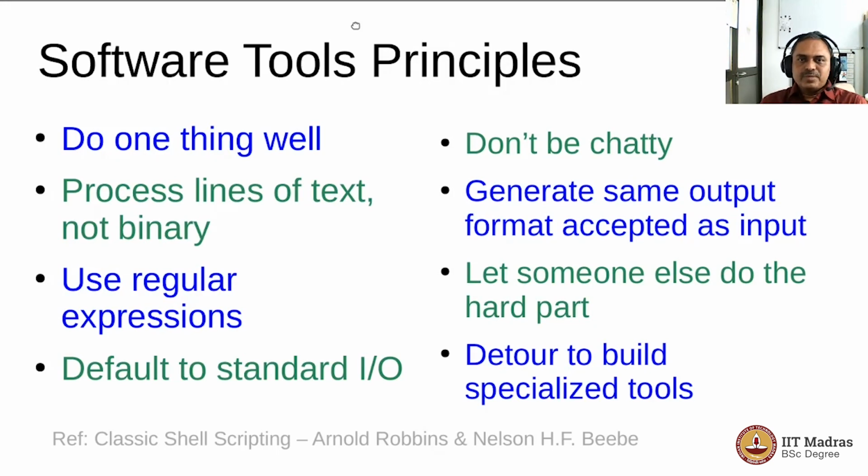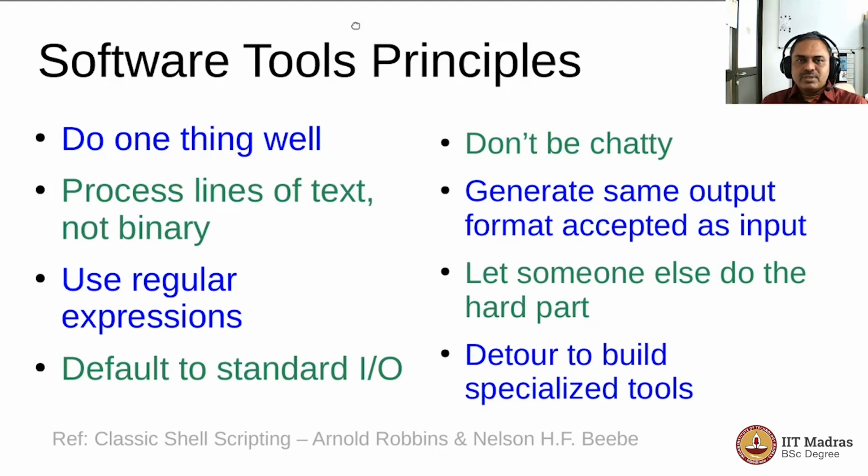Don't be chatty is a principle about the way most Linux commands work. That is, if a command works fine, then there is nothing to display on the screen. The output should be of the same format as what is accepted as the input. If there are specific tasks required to combine various things, then leave it to the user, so that the application we are developing does just one thing very well and in the most generic fashion possible.